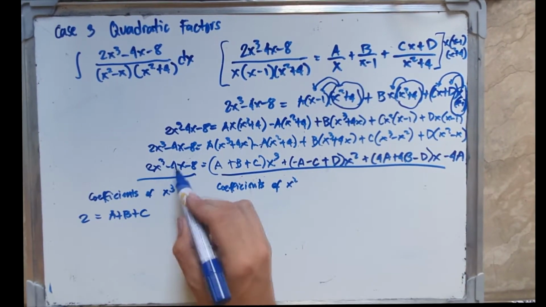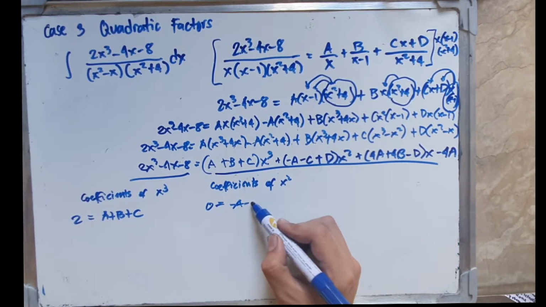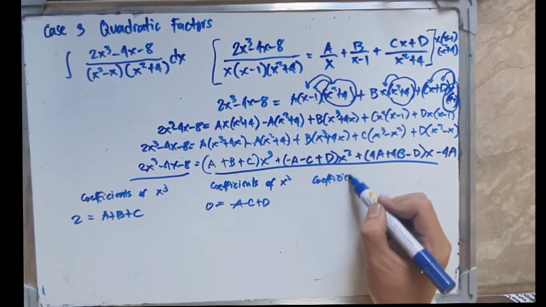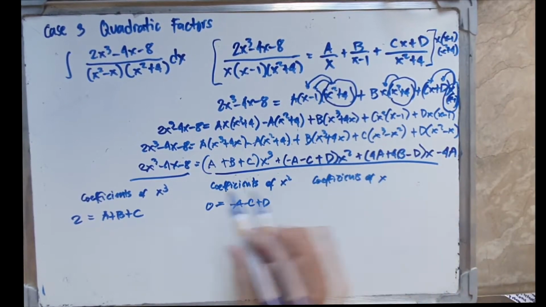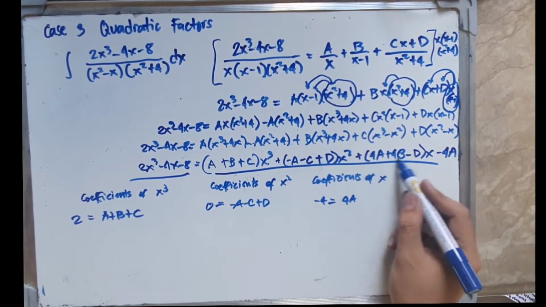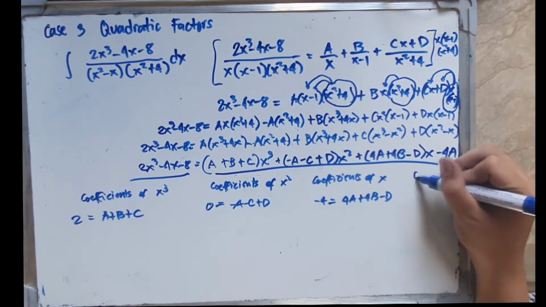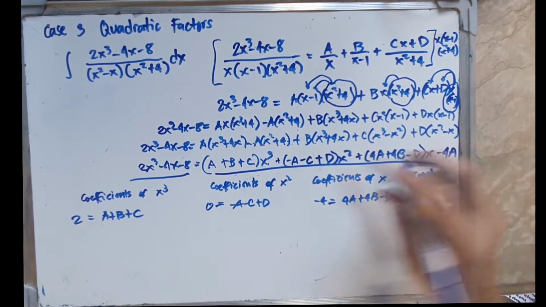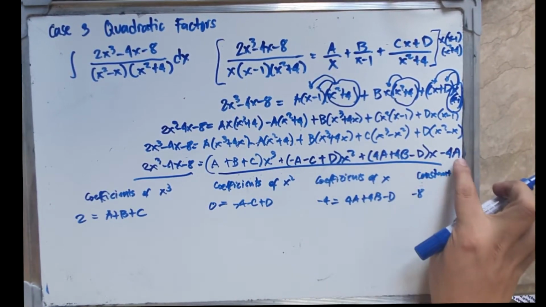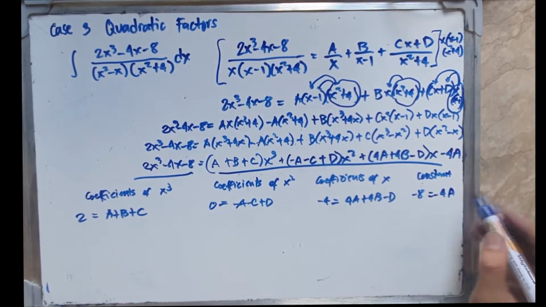There's no x squared in this side of the equation, that is 0. And we have negative a, negative c plus d. The coefficients of x. Negative 4, how about here? 4a plus 4b minus d. And for the constant, we have negative 8. No constant, we have the constant. Equals to negative 4a.